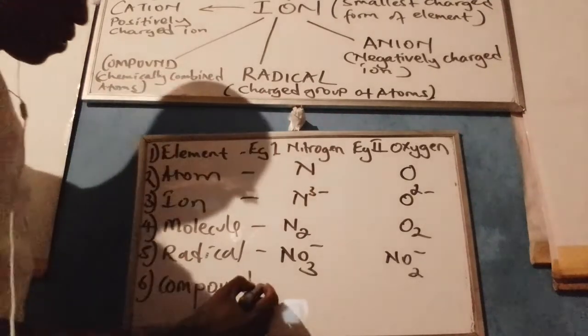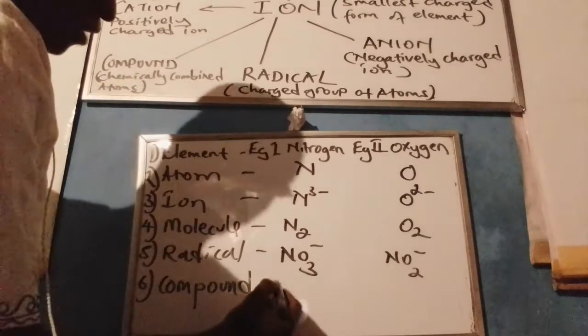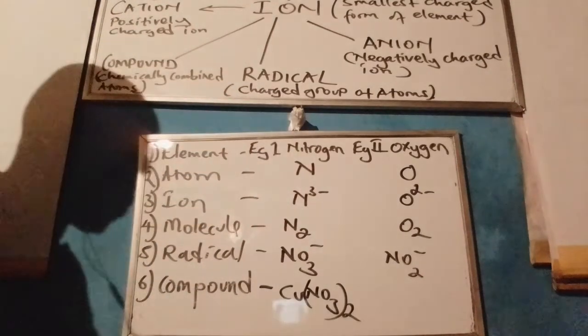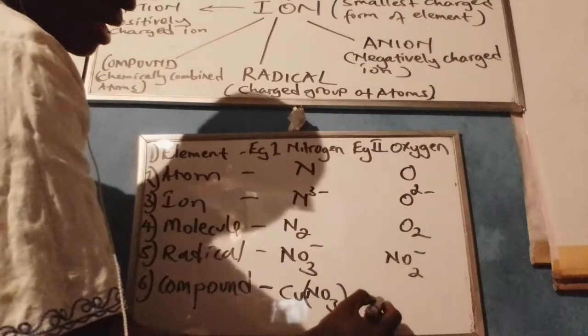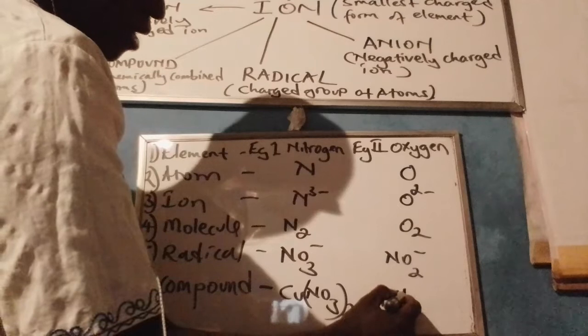Compounds are a group of atoms which are chemically combined. We may have something like copper 2 nitrate, represented as Cu(NO3)2, subscript 2 outside the bracket. We may also have something like ammonium nitrite, which will be represented as NH4NO2.